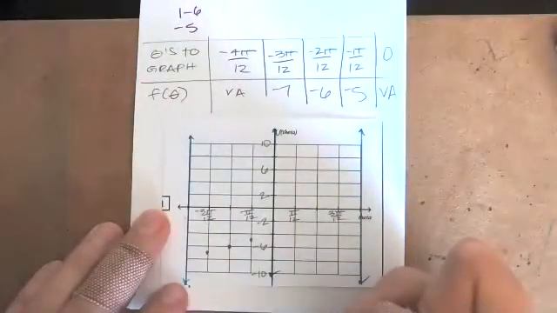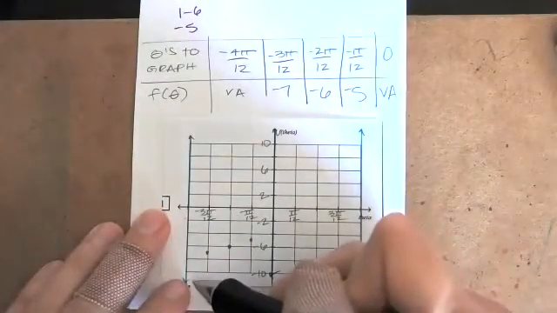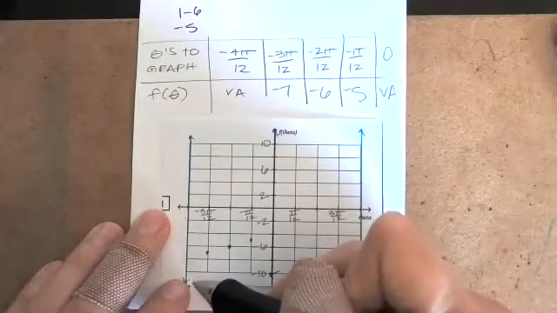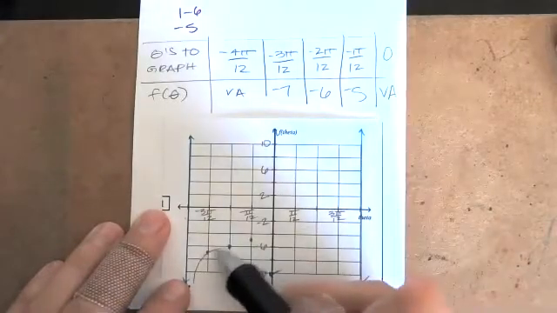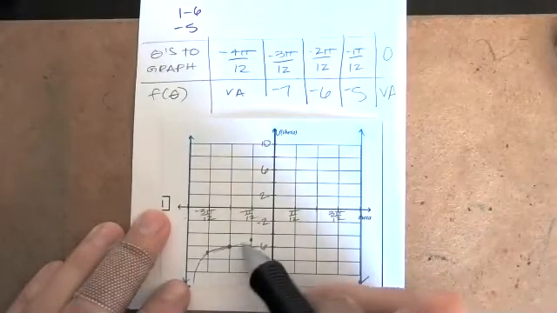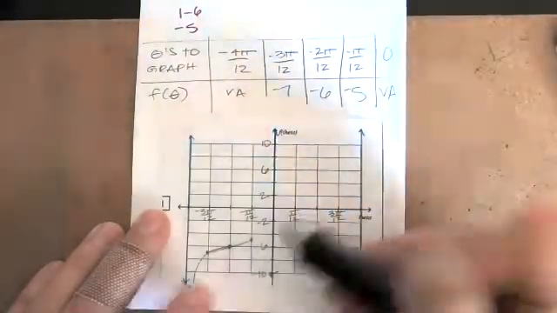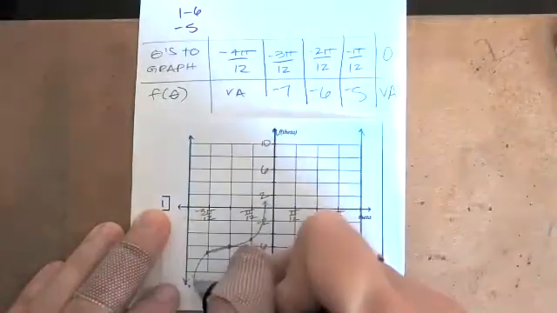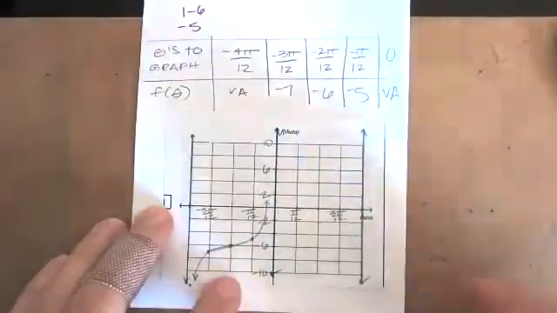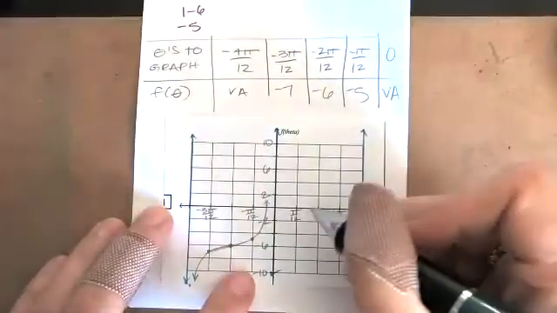So here's the first one. So that negative 6 really pulled everything down.